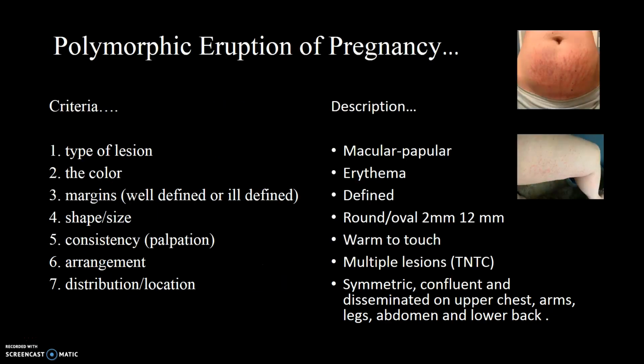So the diagnosis is polymorphic eruption of pregnancy. And again, it wasn't important for you to know this diagnosis, but I want you to consider the type of lesion, the color, the margins, the shape, the size, the consistency, arrangement, distribution, and location. You can see how I described it: macular-papular, erythema, defined margins, round or oval, warm to touch, multiple lesions too numerous to count, symmetric, confluent in some places, and disseminated over those areas.